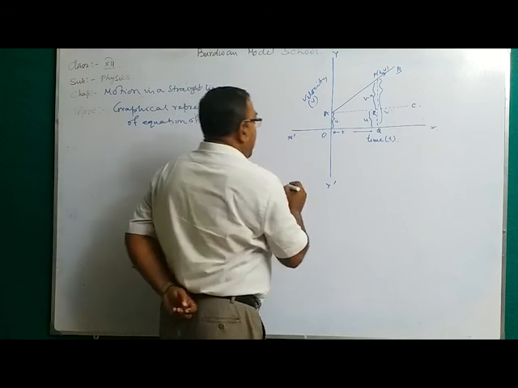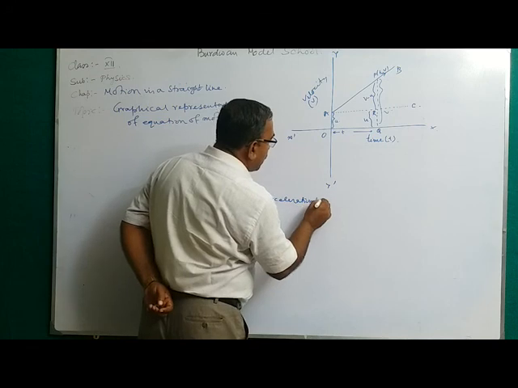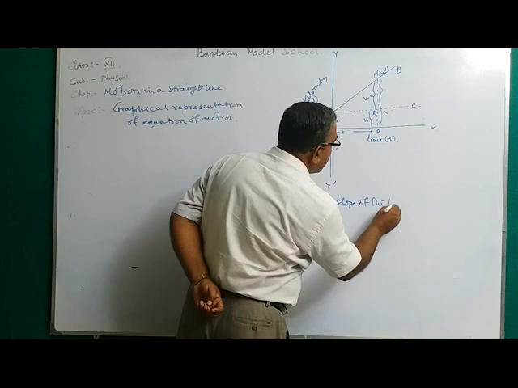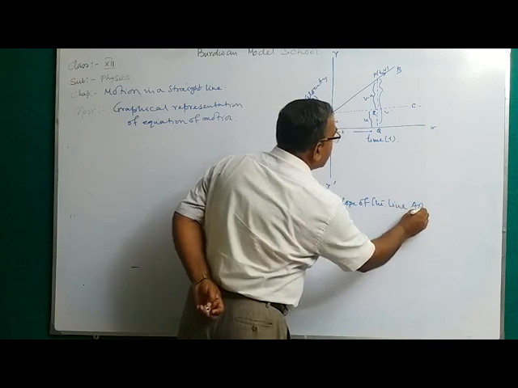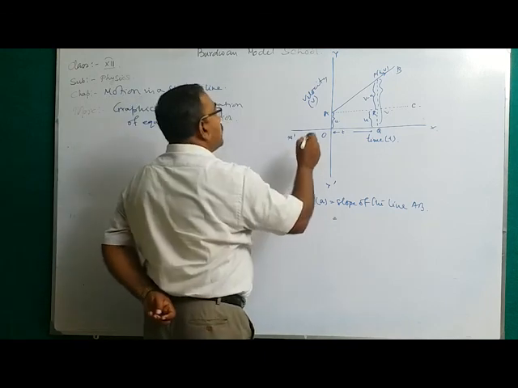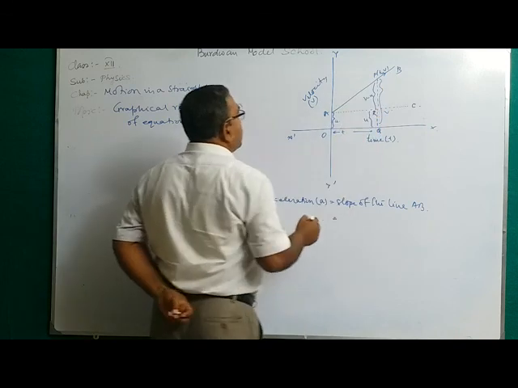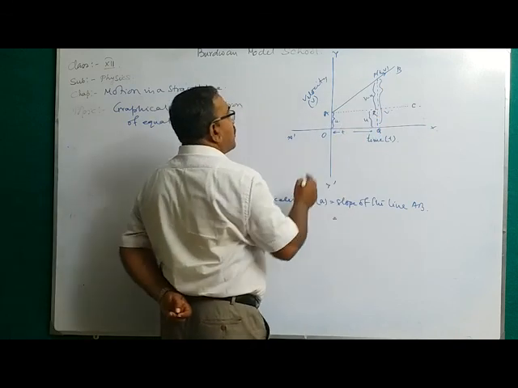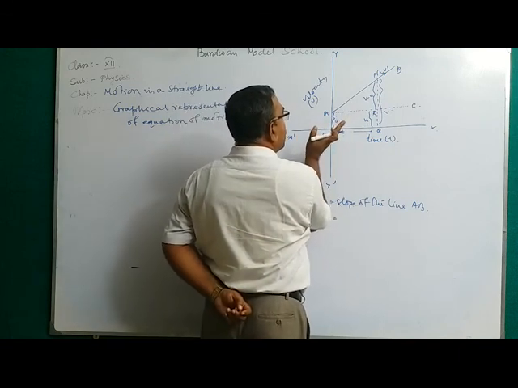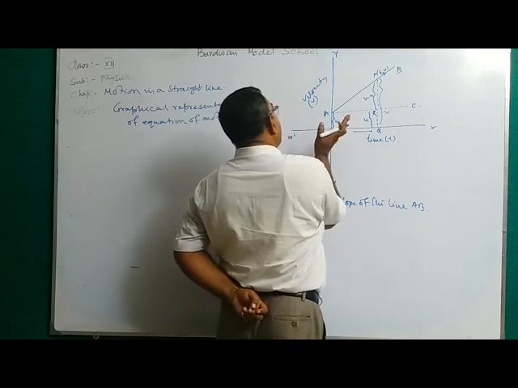Now, the acceleration is the slope of the line AB. Slope of the line AB means, in the triangle ARP you considered, height by base. In your coordinate geometry class, you know the slope means the tangent of the positive angle with the positive x-axis.